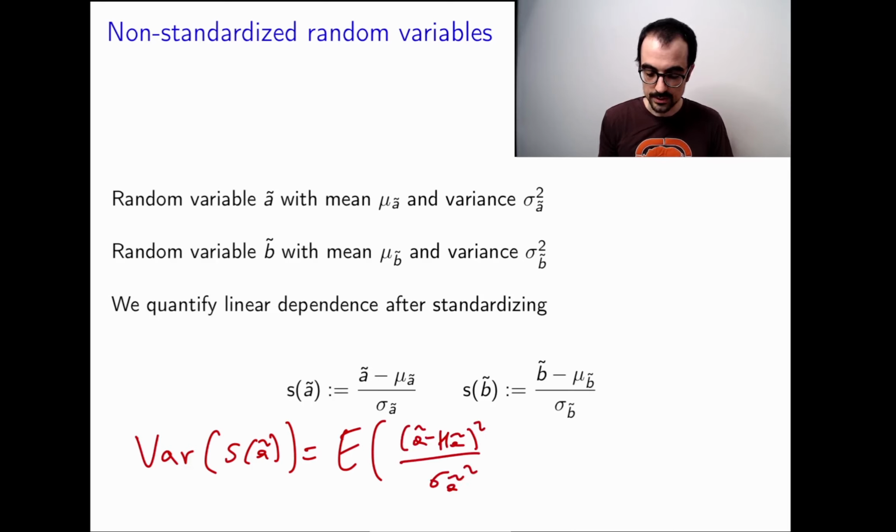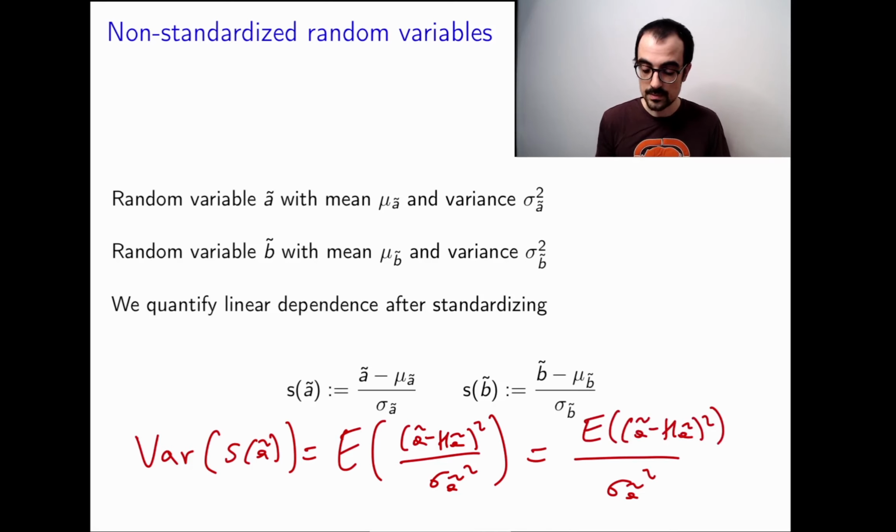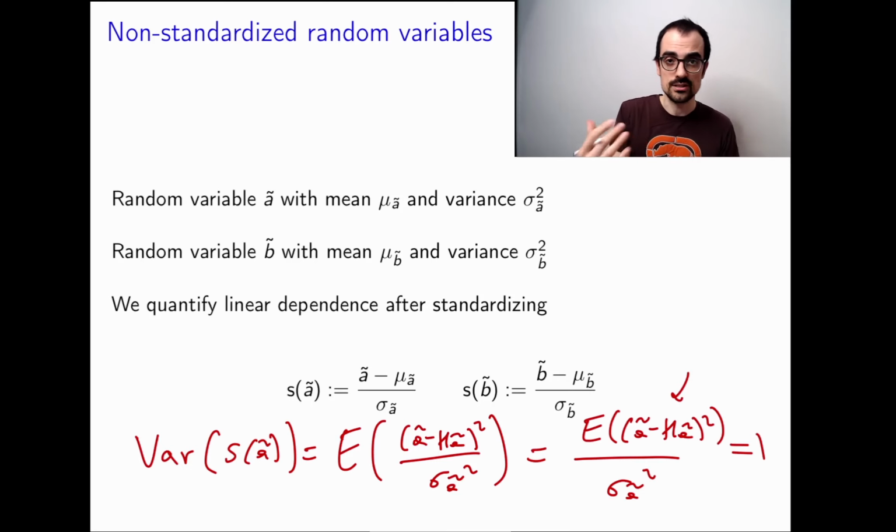So we square it and take the expected value, and now the denominator can just come out of the expectation by linearity of expectation, and we have that this is equal to the expected value of A minus its mean squared, divided by its variance. But what is this? It's just its variance, by definition of variance, right? So this is indeed unit variance. So standardization of random variables is centering and normalizing so that they have zero mean and unit variance.